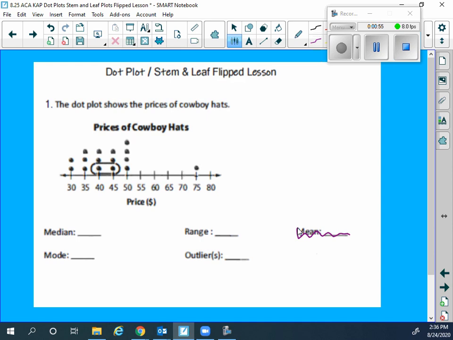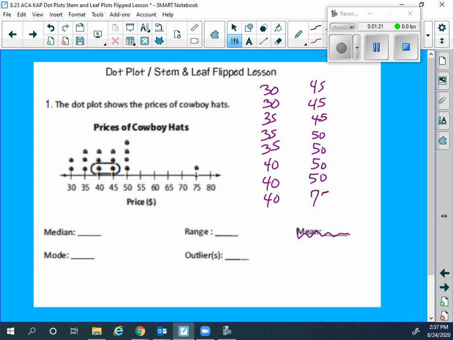Okay, so first we're going to start by making a list of all the numbers. So I see 30, 30, then 3 35s, 3 40s, 3 45s, 4 50s, and the 75.